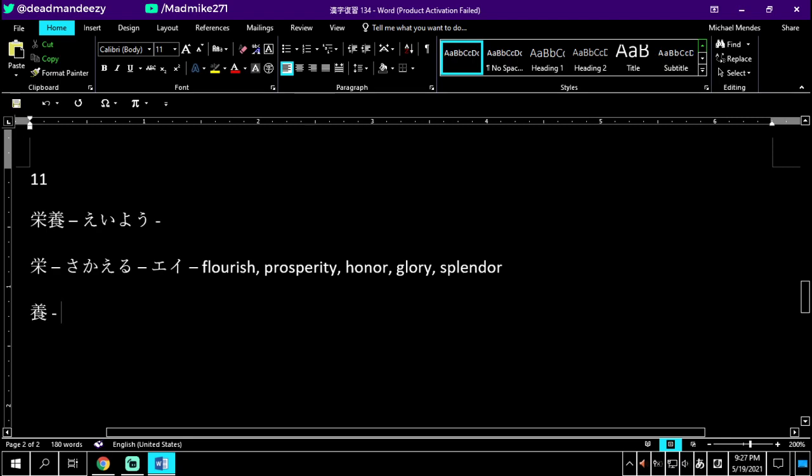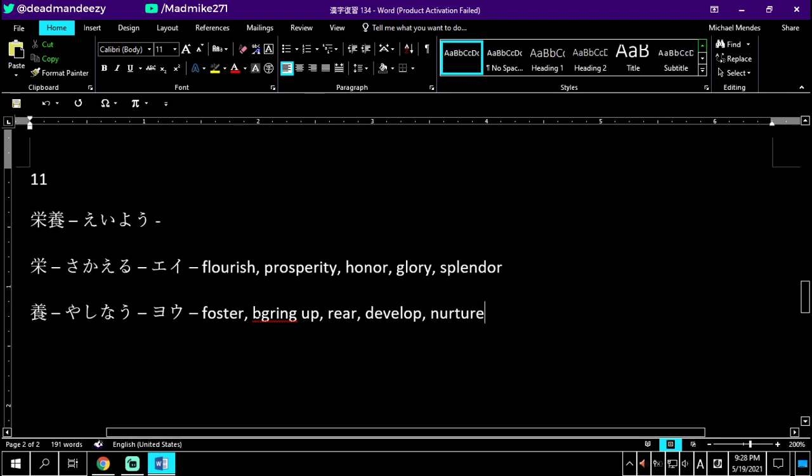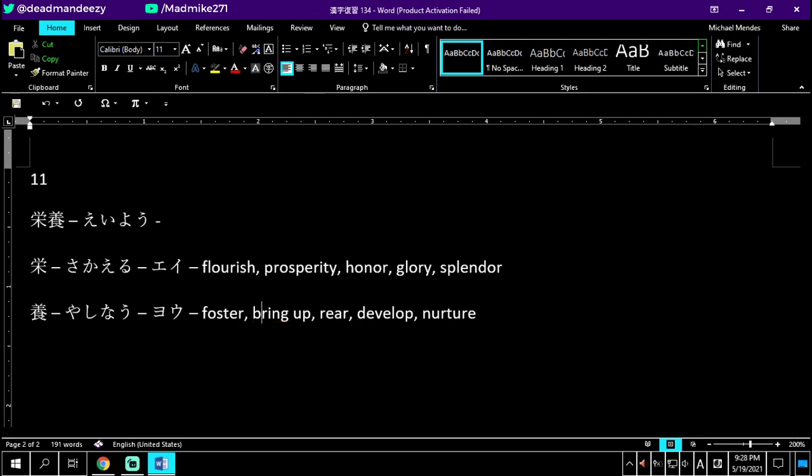Kunyomi here is yashinau. Our onyomi is yo. This means to foster, to bring up, to rear, develop, or nurture. As in, to give a sheep food is to rear it or bring it up. Yo or yashinau.